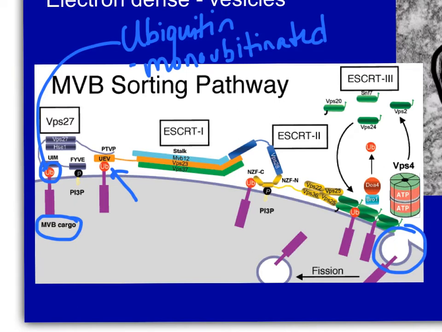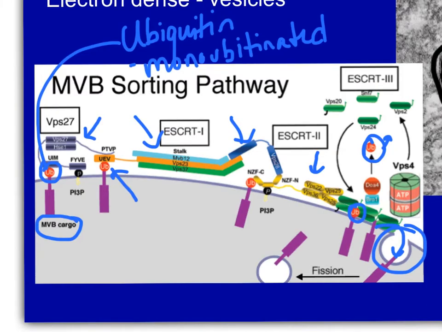I hope you can see there are lots and lots of proteins being added and regulated based on this one little ubiquitin, and that's what ends up leading this to be placed into the multivesicular body. The ubiquitin actually does get removed as the last step and gets reused in additional rounds of ubiquitinating other molecules.